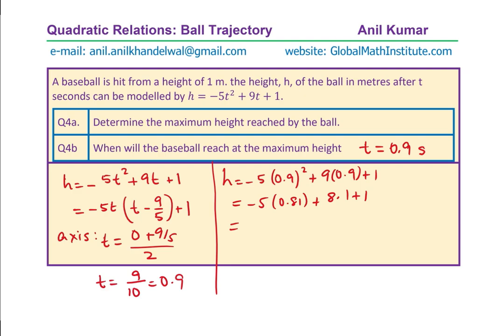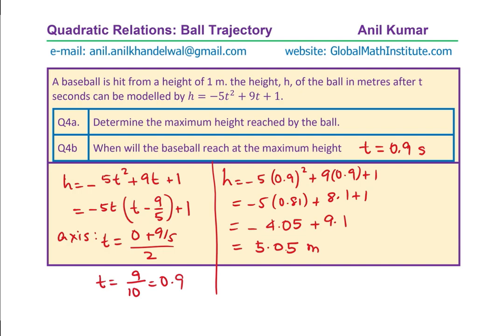Multiplying by 5, we get minus 4.05 plus 9.1, and that gives you 5.05. Is that clear to you, right? So in meters, that becomes your maximum height.